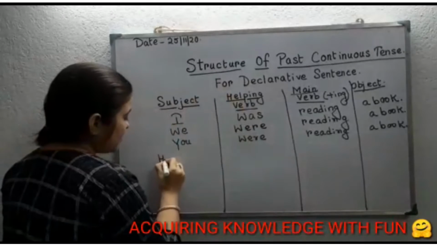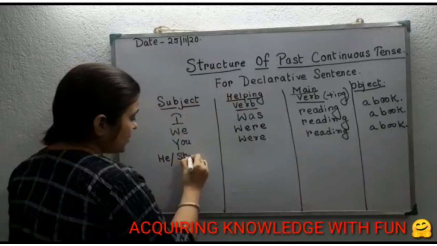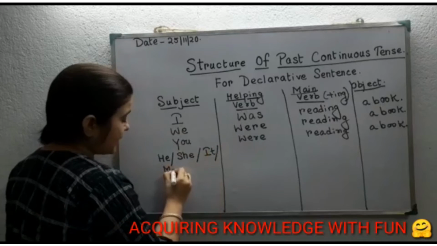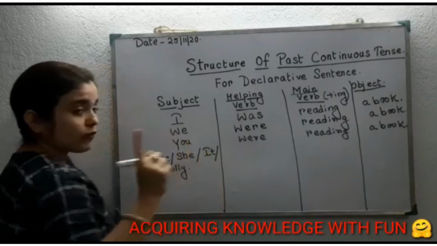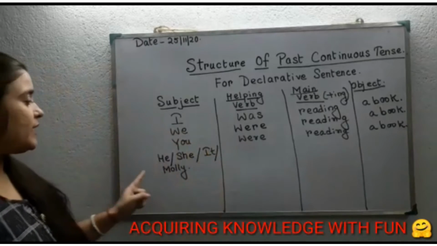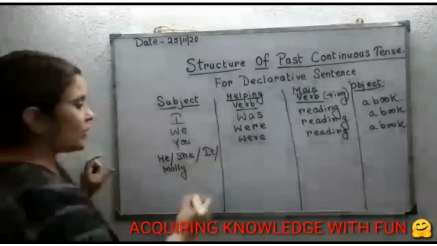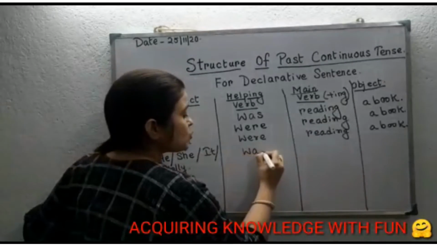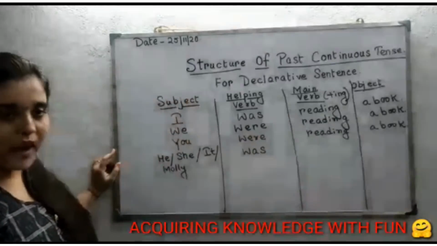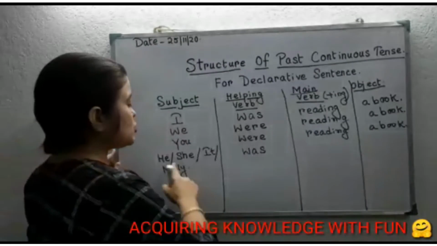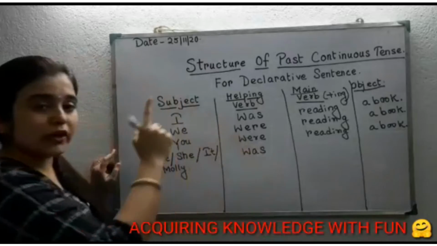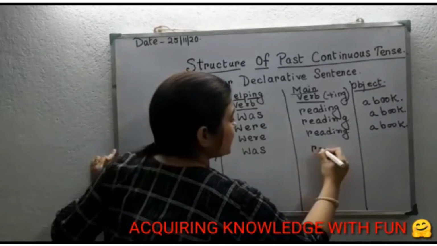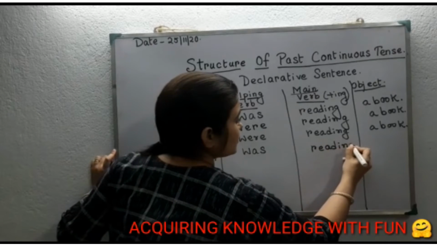Next, he, she, it or singular name like Molly. Molly is the name of one person, of one girl. So he, she, it, Molly. Was or were? Was. Exactly. You have to use was with singular noun and singular pronoun. Okay. So he was or she was or it was or Molly was reading a book.